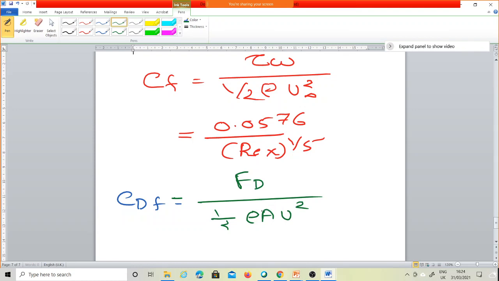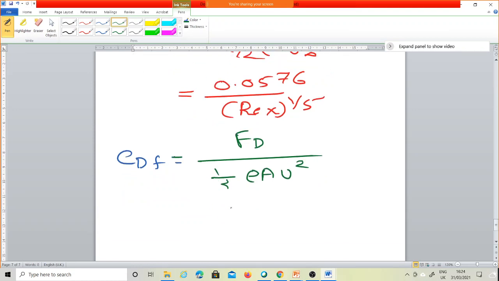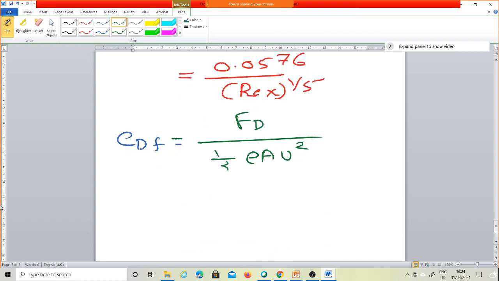Okay, we have the A. So this FD you need to calculate, but FD you already know how to calculate. FD is actually the integration of tau times b dx, right?